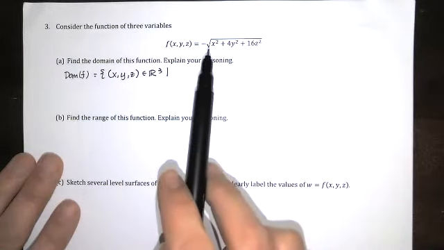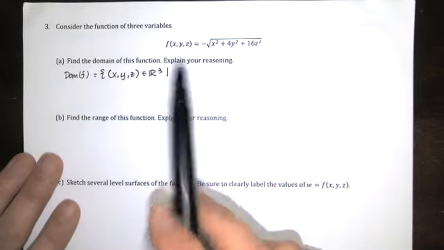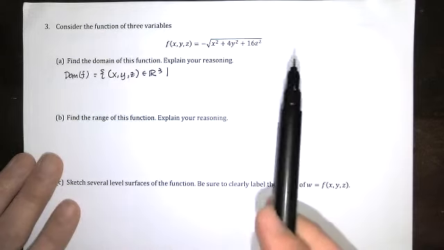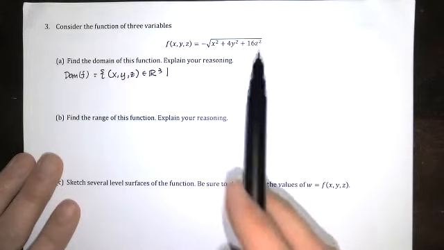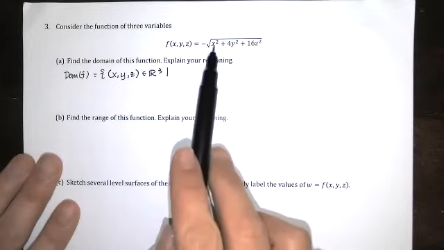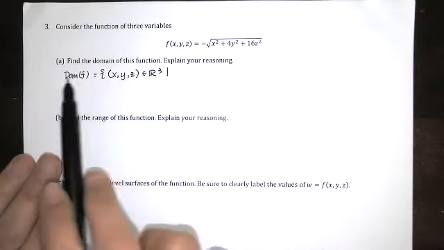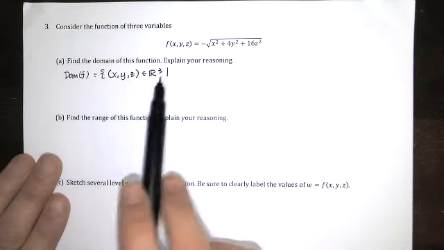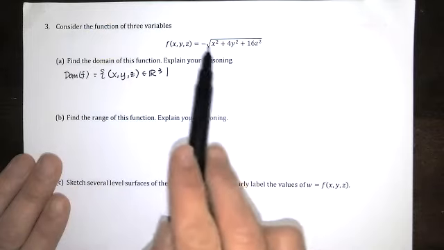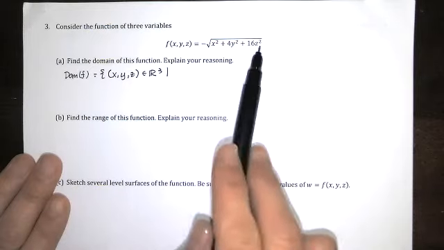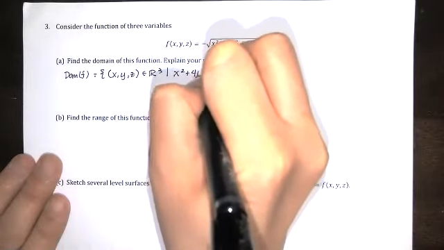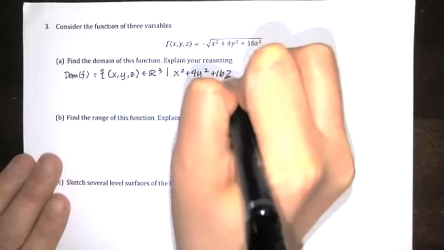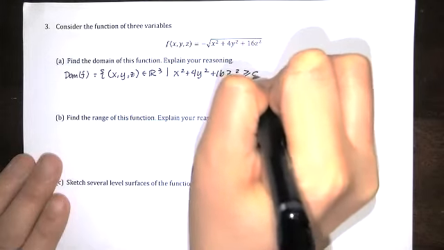I cannot take the square root or any even root of a negative number. That's not allowed, not in the reals. So the domain of F is the set of all ordered triples such that this is non-negative. So the expression under the radical must be greater than or equal to 0.